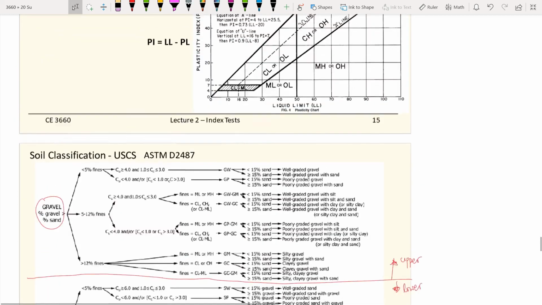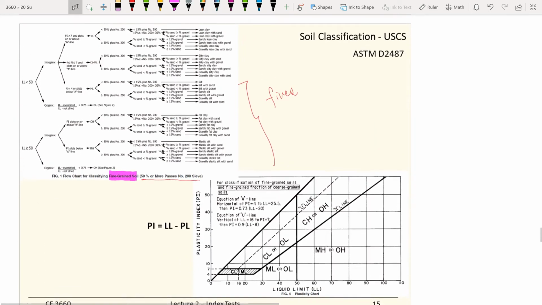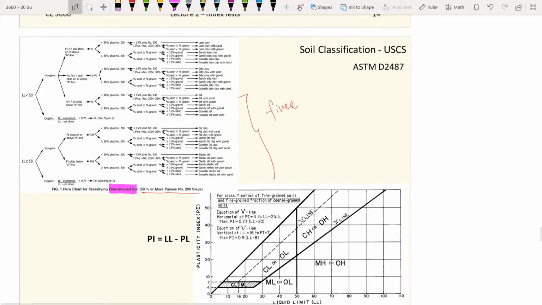The final product of these classifications has two parts. There is what we call the group symbol. If you use these classifications, those over here are the group symbols. The other fact is that in this class we only deal with inorganic material.